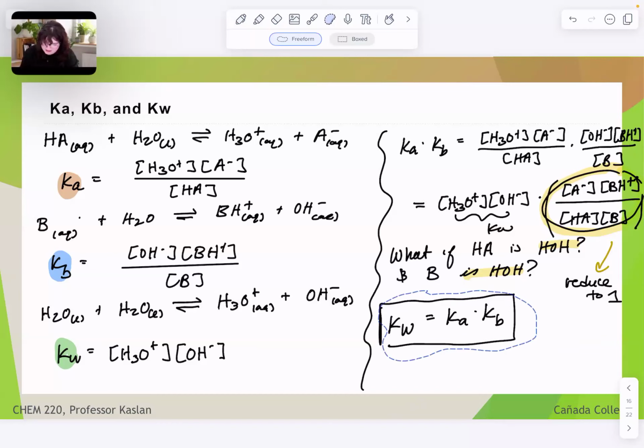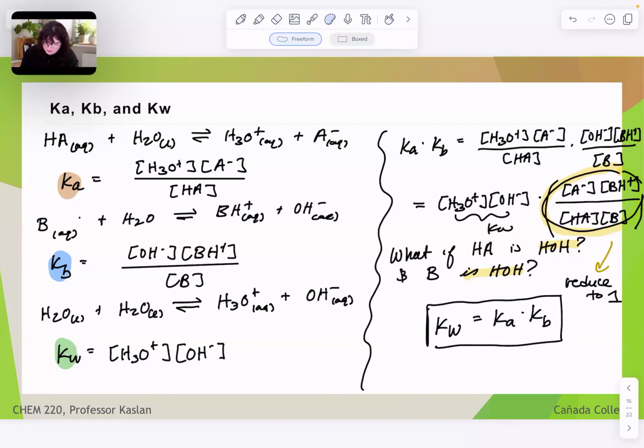But this is kind of nice for us because if we know the Ka of some weak acid, then its basic form that exists in solution, which we'll talk about, will have a Kb that could be solved by understanding what Kw is.